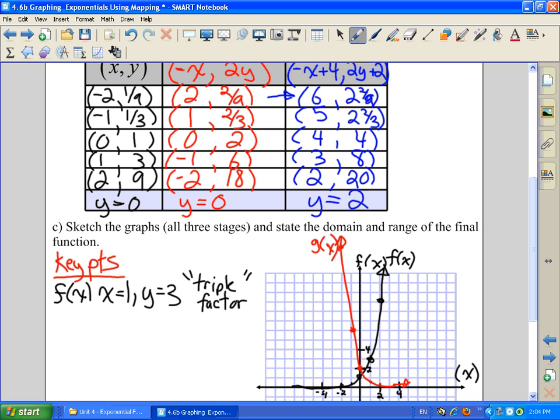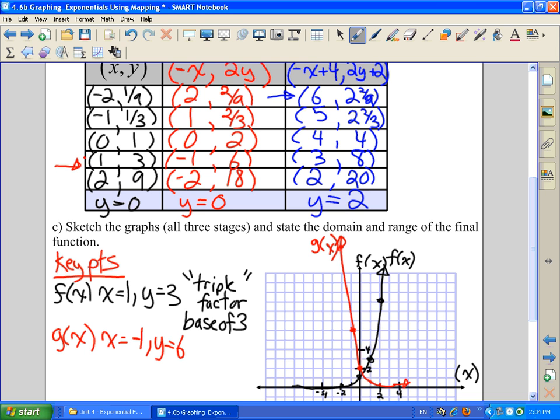That gives us the base of 3, if you want to argue that. But what happens when we go to our g at x? If you follow along here, folks, instead of x being 1, it's now -1. So x equals -1 and y equals 6.